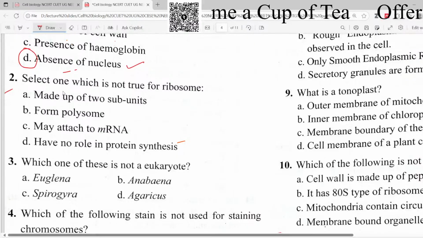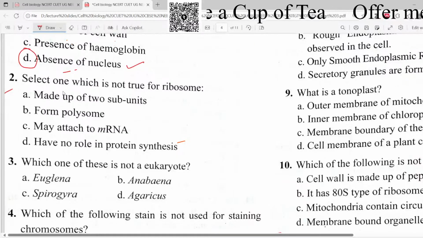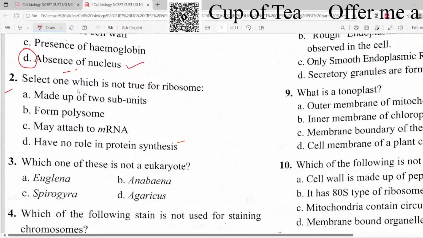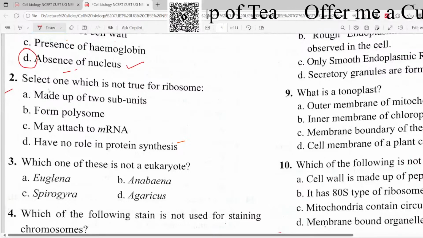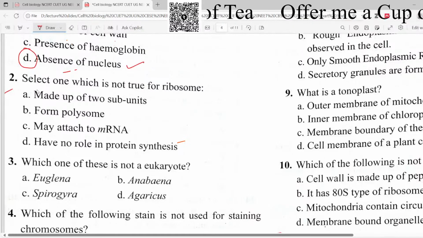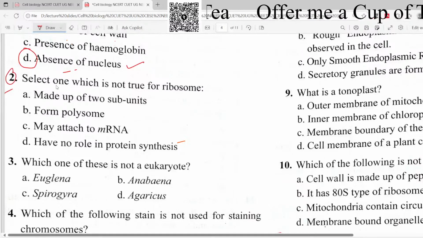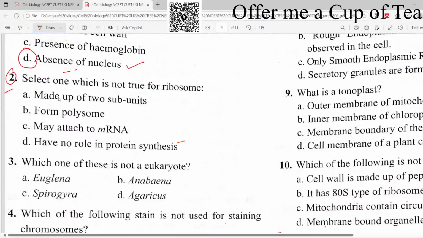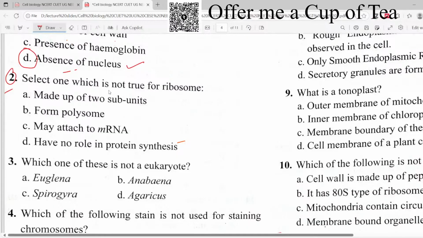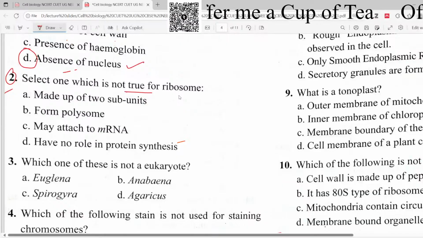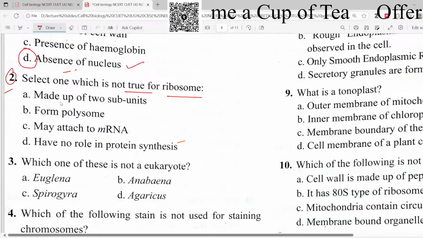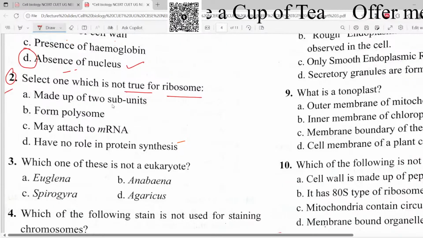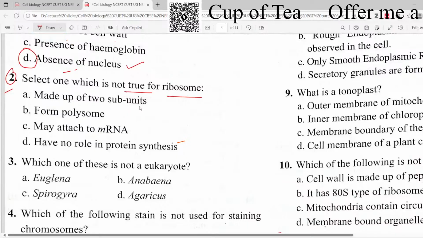So the next question is, question number 2. Select the one which is not true for ribosome. Option A, it is made up of two subunits, that is true.